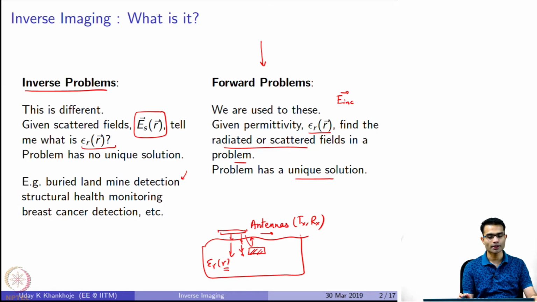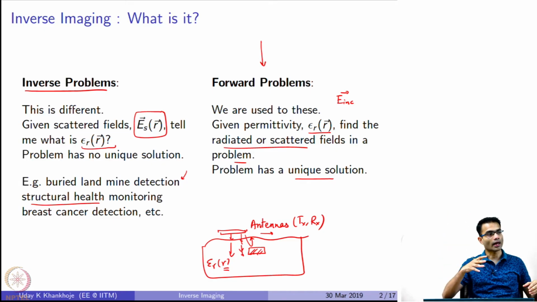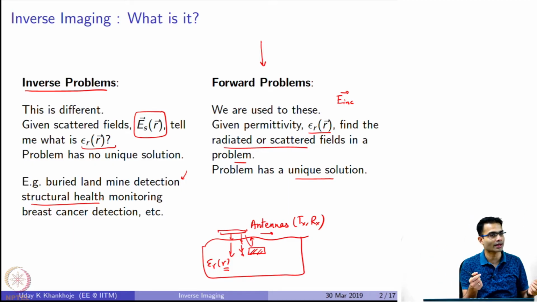The other application could be detecting, for example, what is called structural health. So structural health of what? Could be anything. It could be, for example, some bridge or cracks in concrete. That's what civil engineers use these kinds of applications for. Let's say I have some structure and I can't open it up, right? Let's say there's a load bearing wall. I can't open it up to see whether there's a crack in it or not.